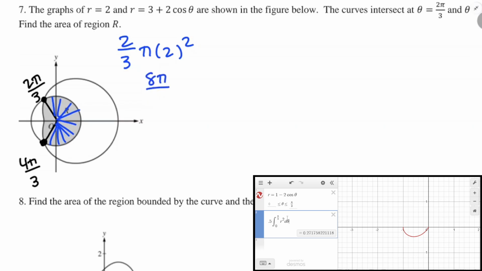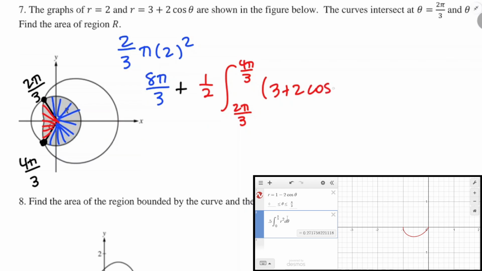And we're going to add that to, I'm going to integrate on this curve between 2 pi over 3 and 4 pi over 3. I'm going to use that strategy I didn't use last time. 1/2 the integral from 2 pi over 3 to 4 pi over 3 of r squared, which is 3 plus 2 cosine theta squared d theta. And at this point, all I really need to calculate is the integral.